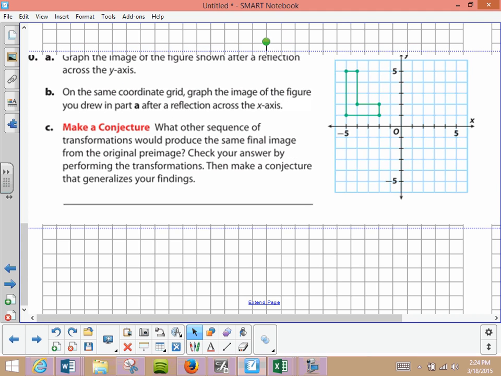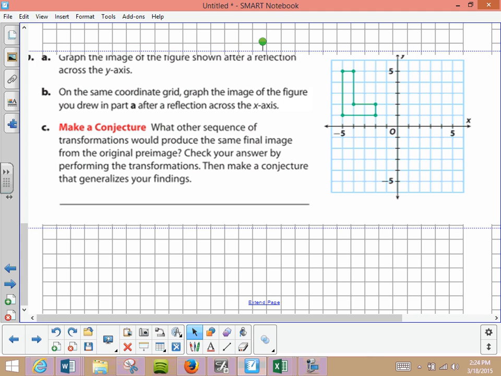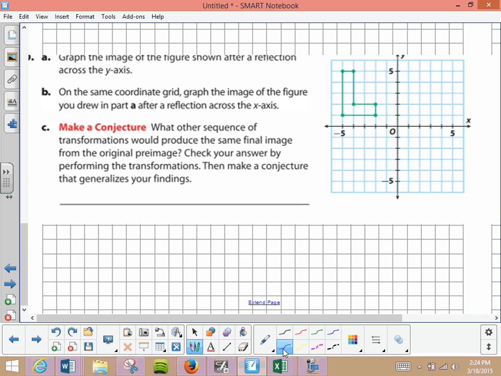Okay. It says graph the image on the figure shown after a reflection across the y-axis. What are we reflecting across? This one, right? What does that mean, Kayla? Which way are you going? To the right, right? You're trying to cross the y-axis.